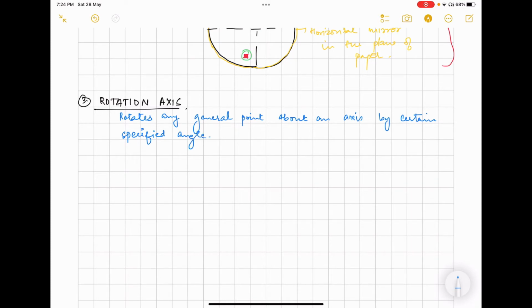And after rotation it leaves a set of finite points. It should not leave infinite points, and these points should be identical in nature, that is, they should have identical surroundings.